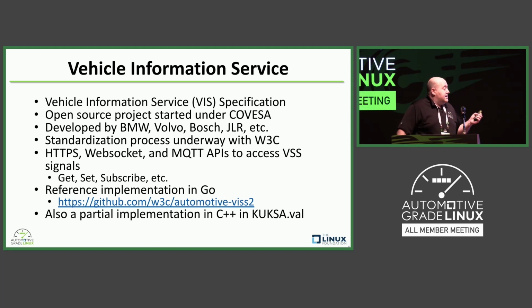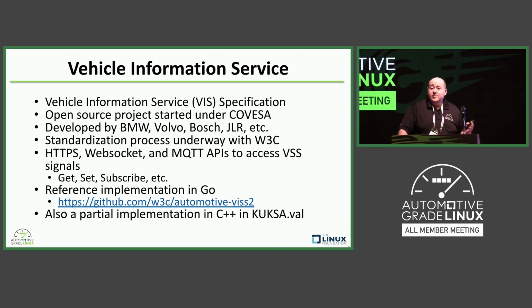So there's actually multiple things in the specification. There's HTTP, a URI-style RESTful API, WebSocket, and MQTT. Basically these APIs allow you to access a server that's implementing a VSS database, and you can do the typical get, set, subscribe type of operations for vehicle signals.